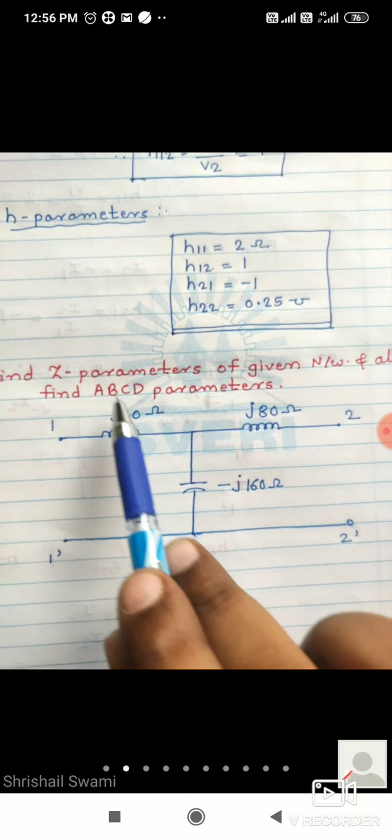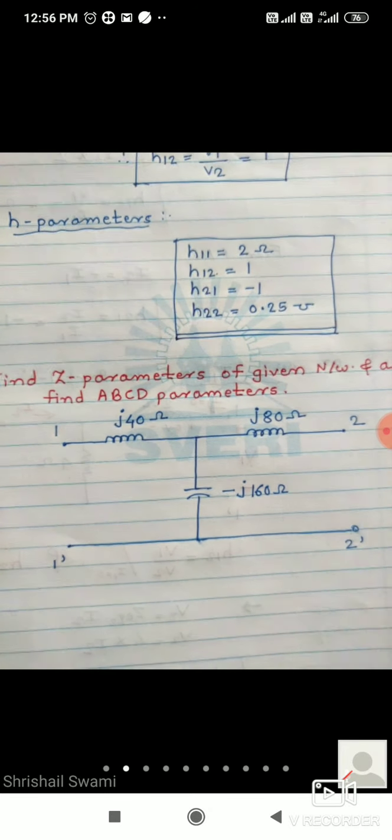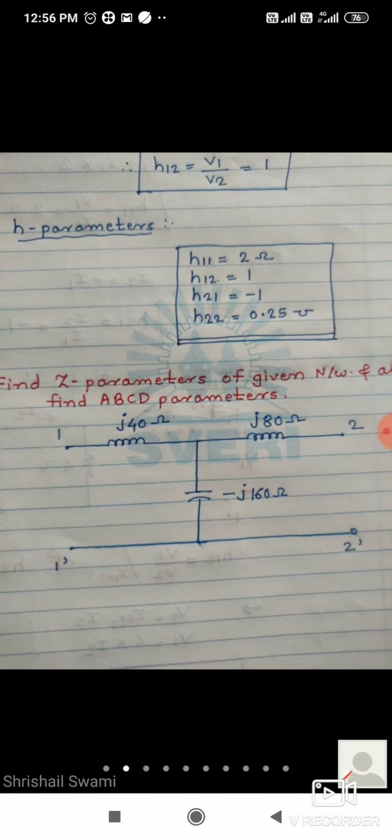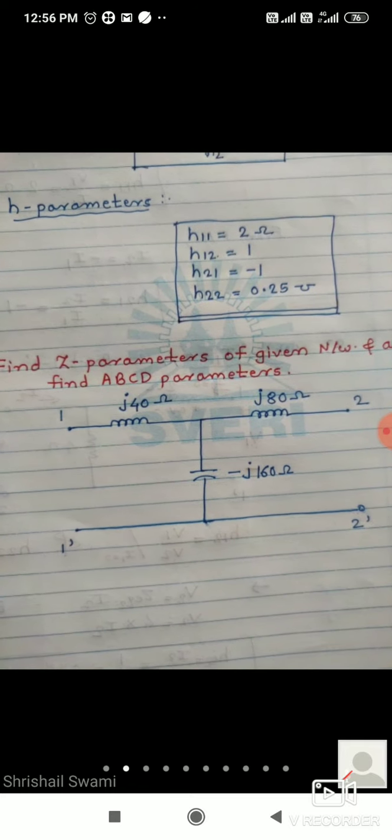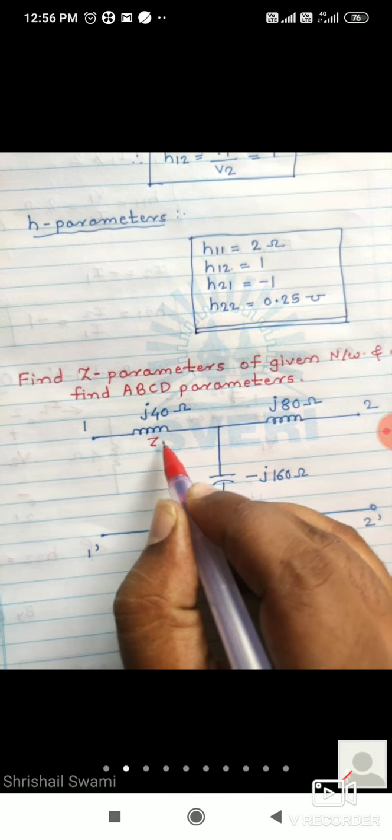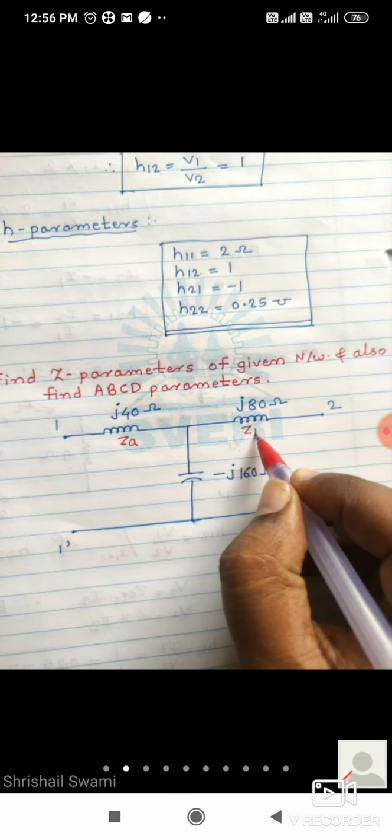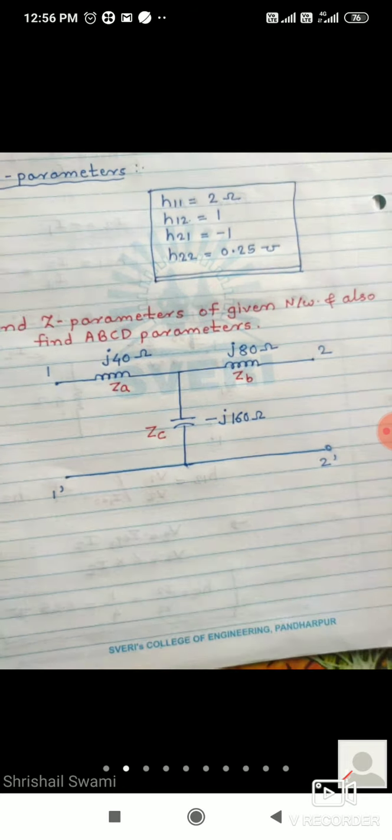Anyone? T network. Okay, very good. So T network is there and already impedances are given. From the T network we can find out both Z as well as ABCD, because to represent a T network, two parameters are used, Z as well as ABCD. So this is ZA, this will be ZB and this will be ZC.